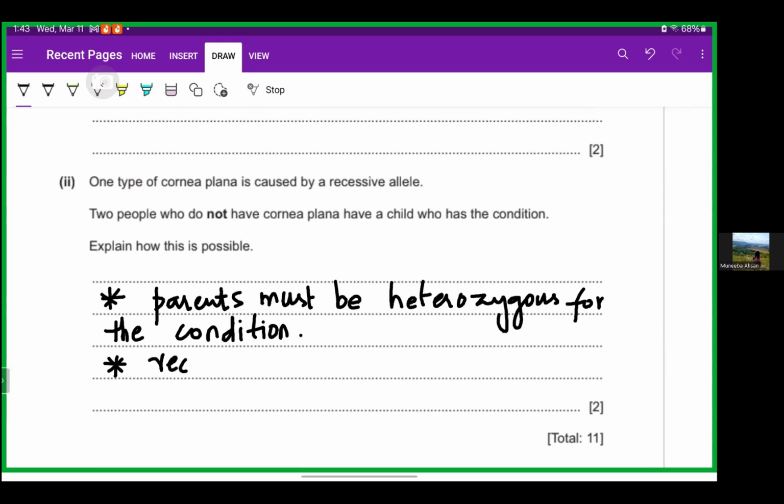Recessive allele from both parents is transferred to the child.